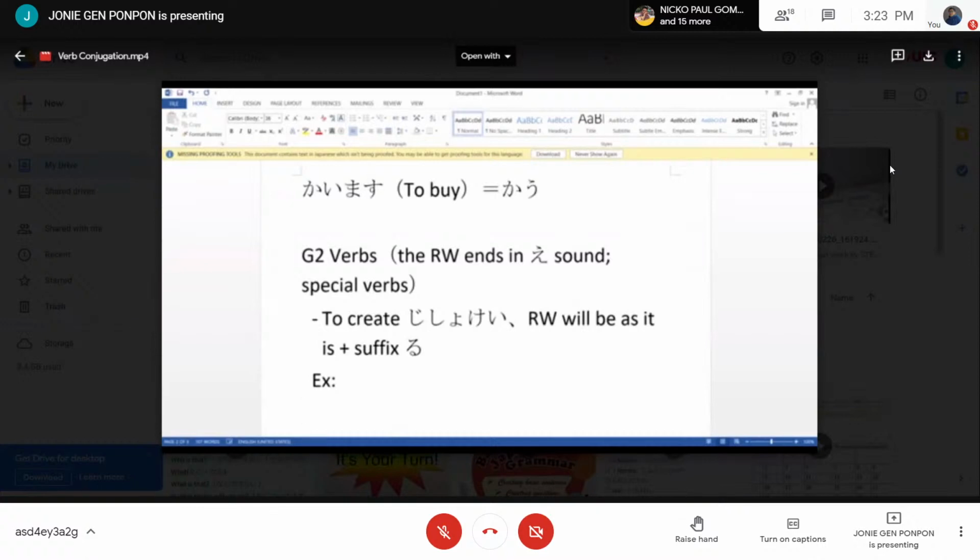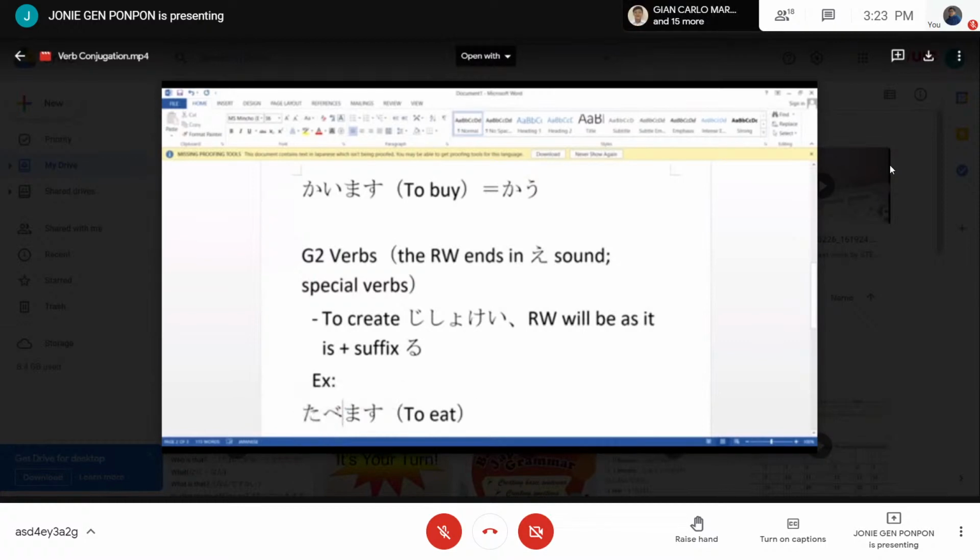We have the example tabemas. Okay? Tabemas is a group 2 verb. Okay? Which means to eat. And why is it a group 2 verb? Okay? The root word ends in e sound. The root word here is tabe. That's why it ends in e sound.